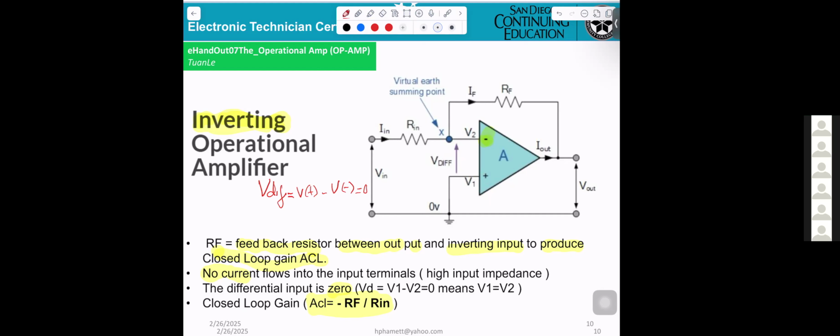The difference between the two inputs will be 0. That will be Vs positive equals Vs negative.